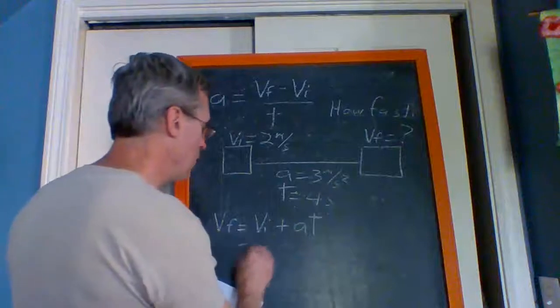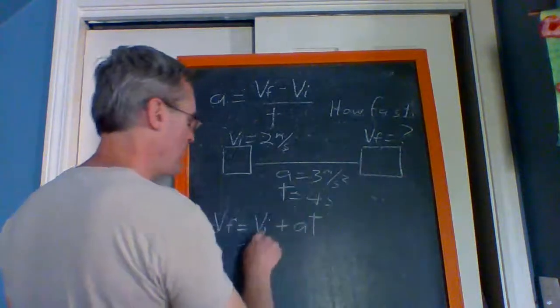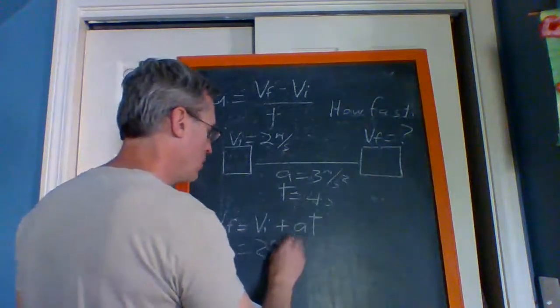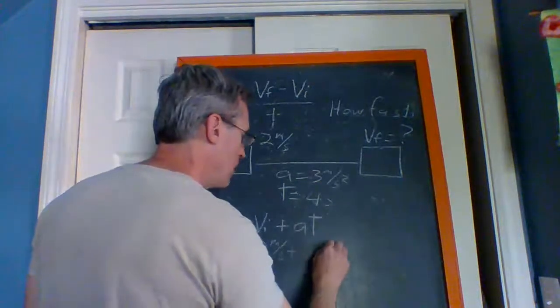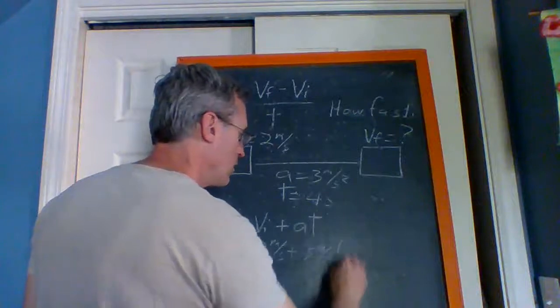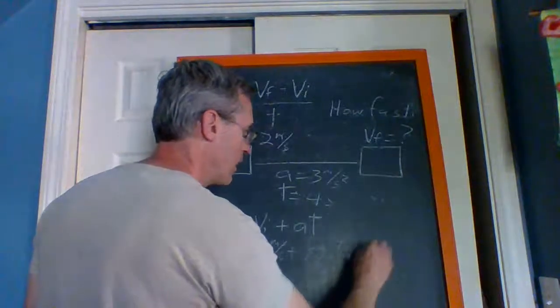Your initial speed, VI, is 2 meters per second, plus your A is 3 meters per second squared, times a time of 4 seconds.